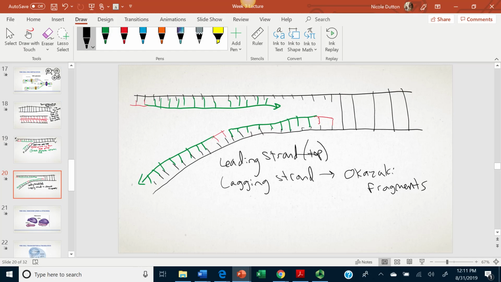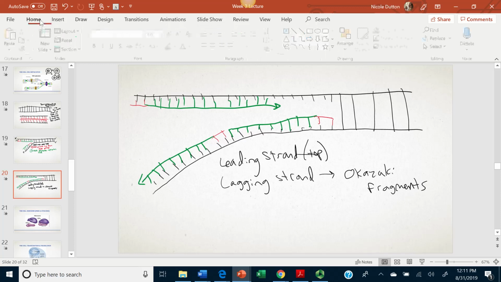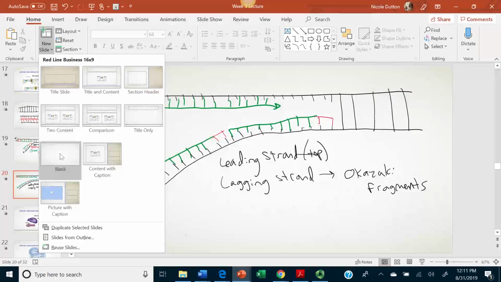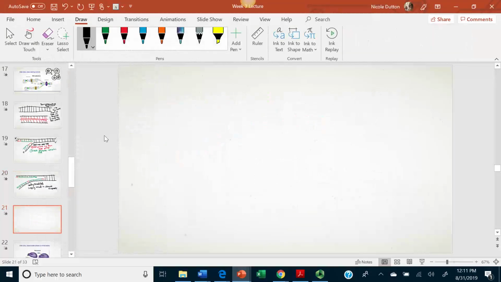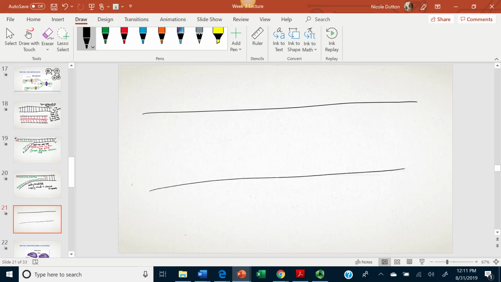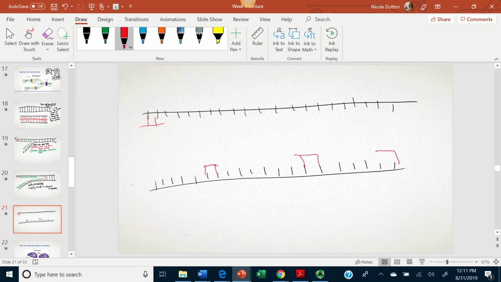And that's a problem. So when we continue on here, and I'm going to add another one of these, in the end, our DNA is going to look something like this, where we have the original template strand, and then we have one primer on the leading strand, and we have multiple primers on the lagging strand.